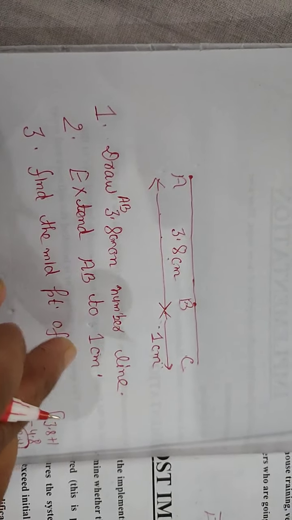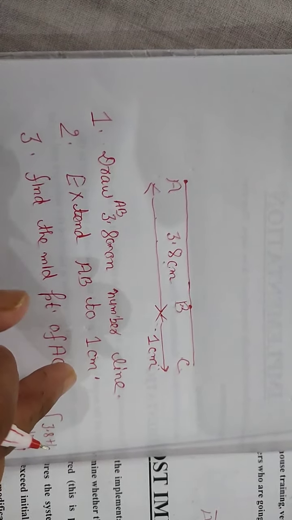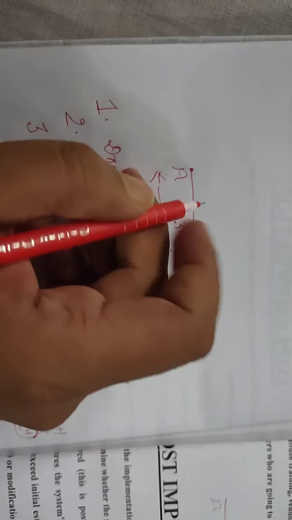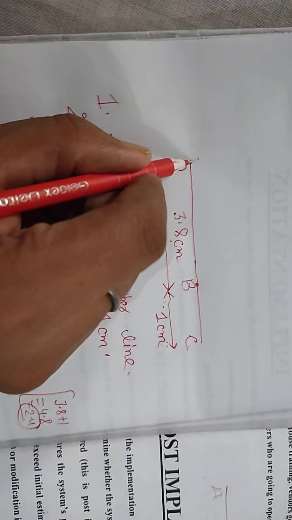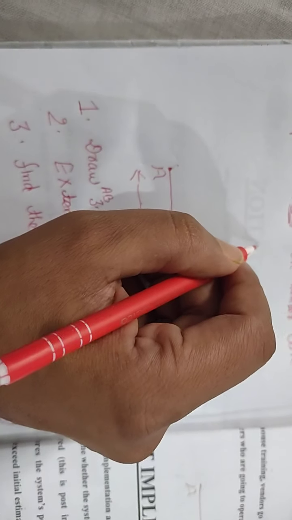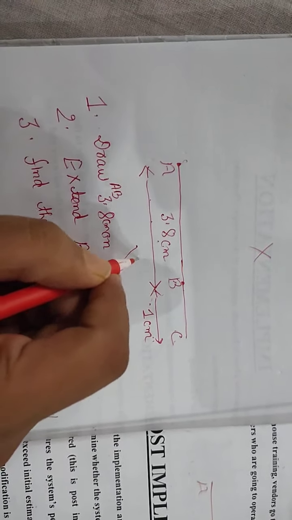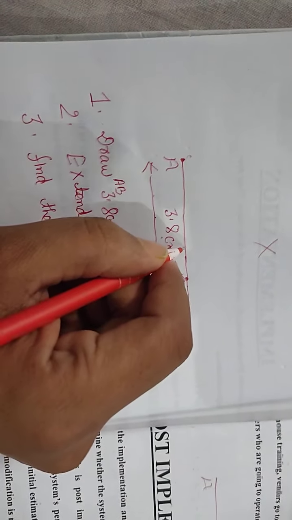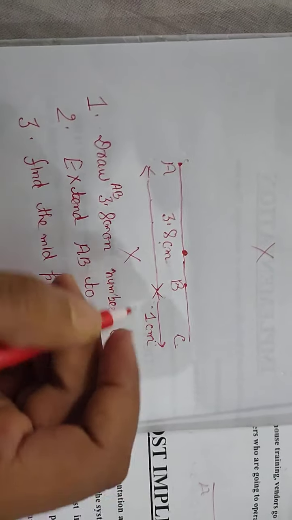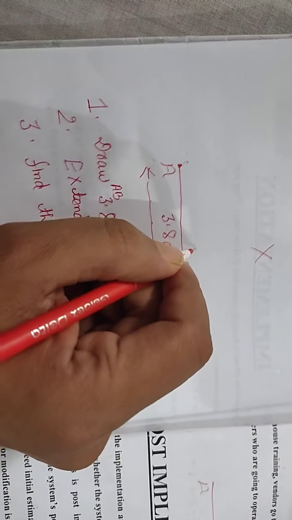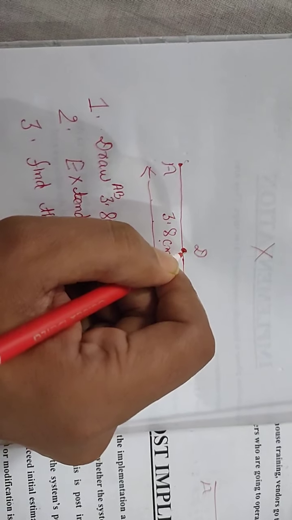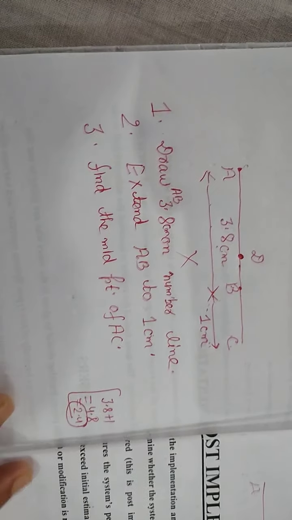It will be by the perpendicular bisector, as you have studied in the earlier classes. You will place an arc in the upper and in the lower part. So suppose that this is the midpoint of ABC, and suppose that this is the midpoint D.